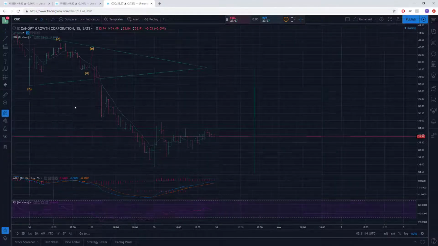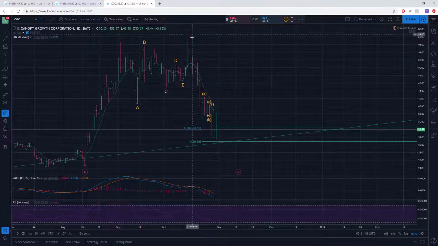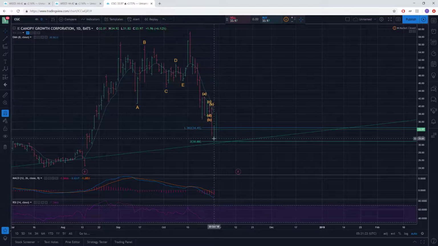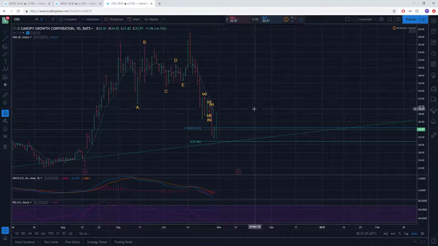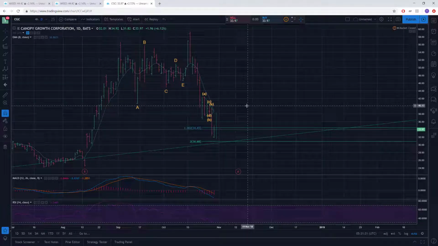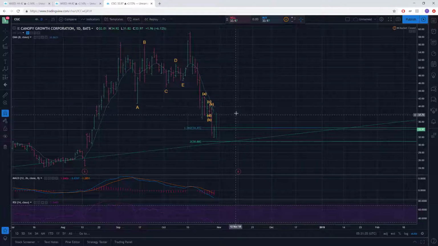And keep in mind, this overall decline is enormous, right? I mean, we've pulled back from 59.25 on CGC so far to as low as 31.82. So even just a measly bounce up could easily be a $10 bounce from the bottom, and I would suspect it'd be more substantial than that even.